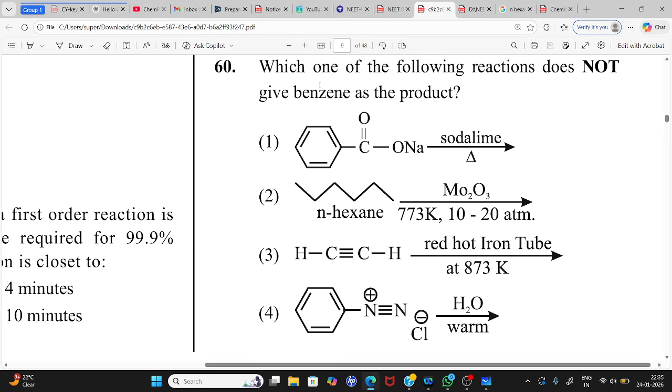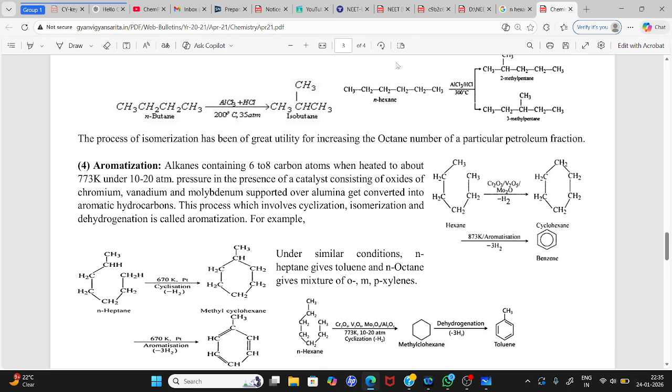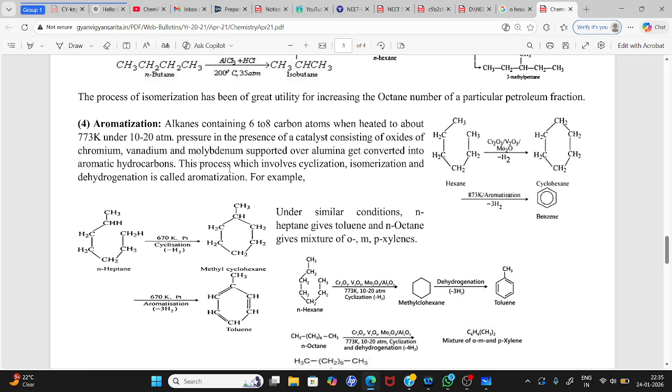So अगर आप देखोगे, these are basically your aromatizing reactions. So I have kept this for you. ये देखो, this is aromatization. Alkanes containing 6 to 8 carbon atoms when heated to about 773 Kelvin under 10 to 20 atm pressure in the presence of a catalyst consisting of oxides.